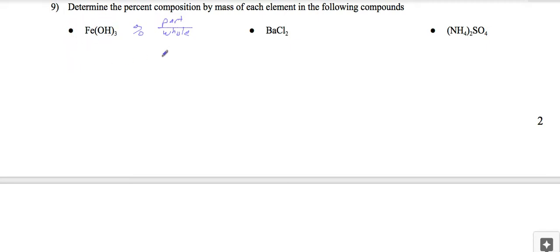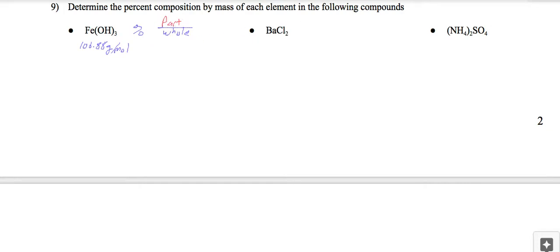So we have, let's do this again. The entire molecular mass of this iron 3 hydroxide is going to be 106.88 grams per mole. It's the molar mass. That comes from the periodic table. I added up the iron, 3 oxygens, 3 hydrogens.